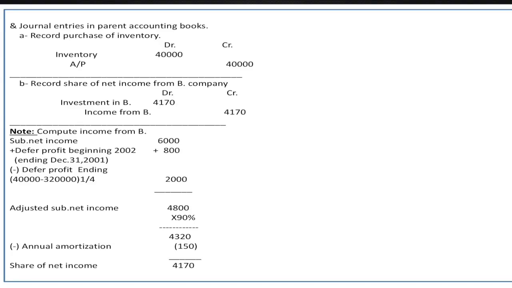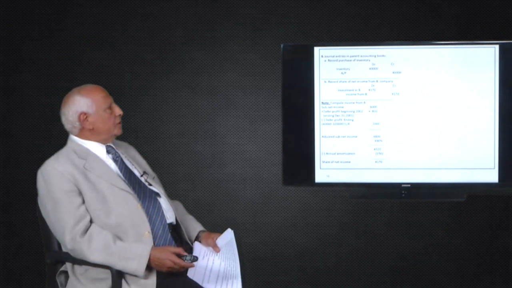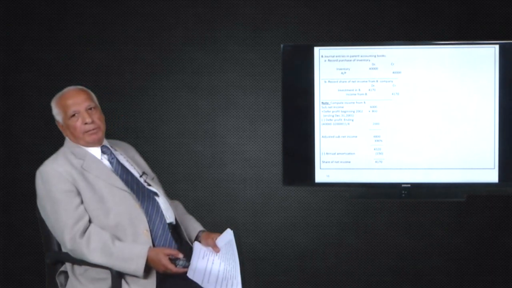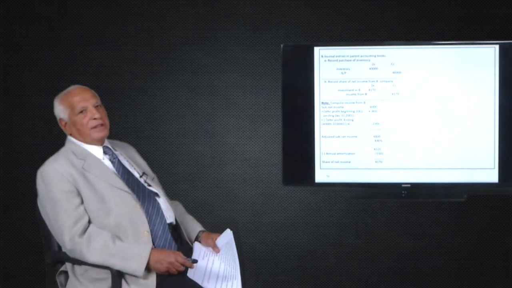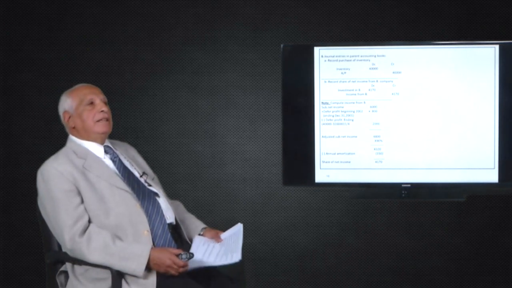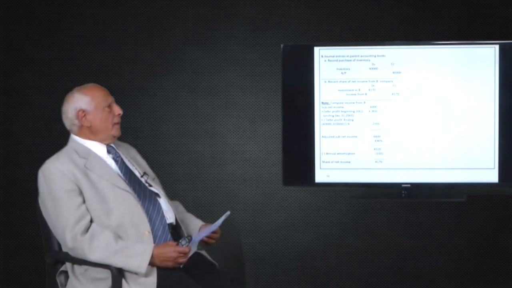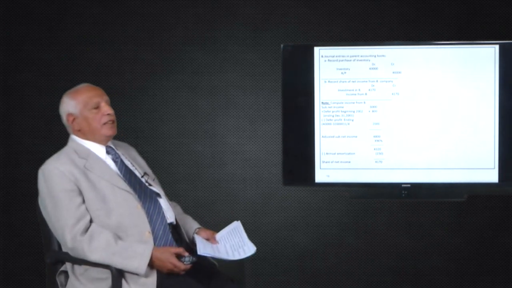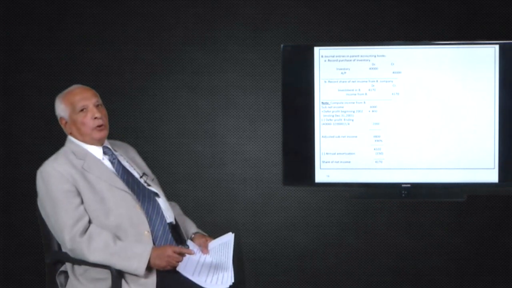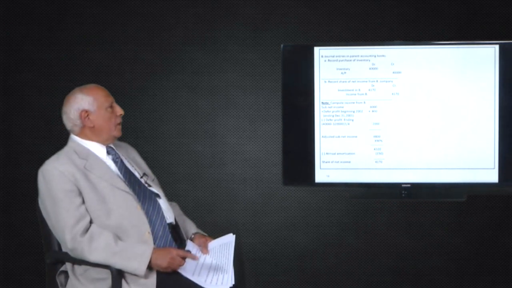Also, the parent is going to make another entry to record share of net income from B: debit investment in B, credit income from B, 4,170. Again, you need to know how to calculate this number before you write anything.